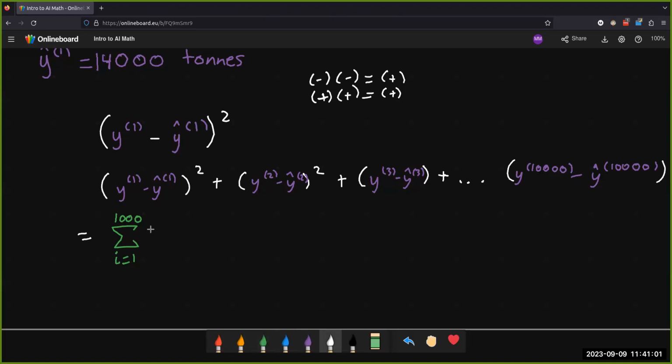And we take i and we substitute it into these terms. So let me finish writing this out and then I'll explain. Yeah, messy.